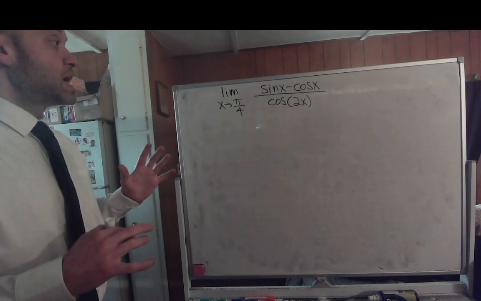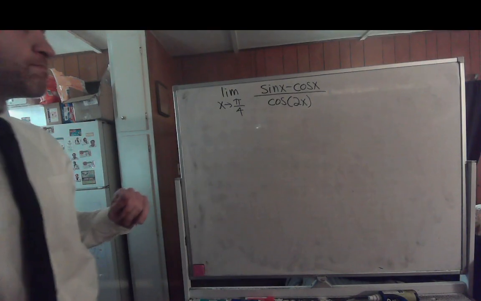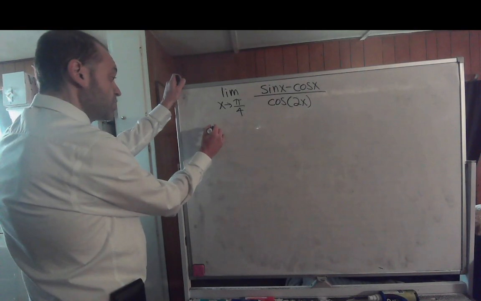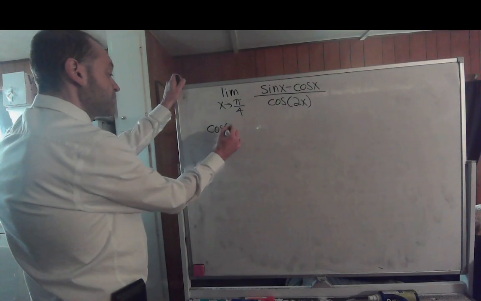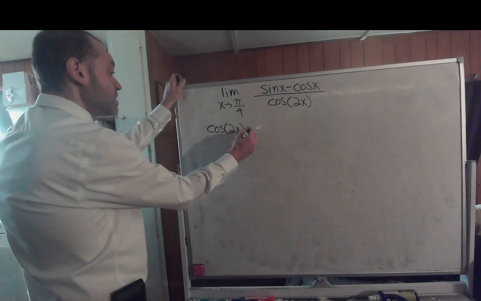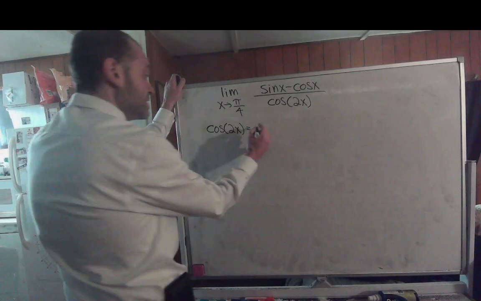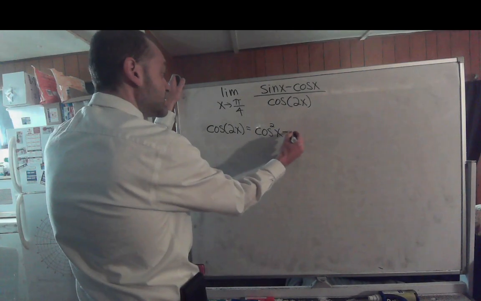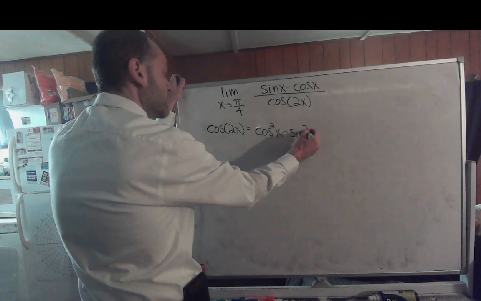Well, in the denominator, there's a very important trig identity. If you remember what the cosine of 2x is back from pre-calc, that is going to be equal to the cosine squared of x minus the sine squared of x.